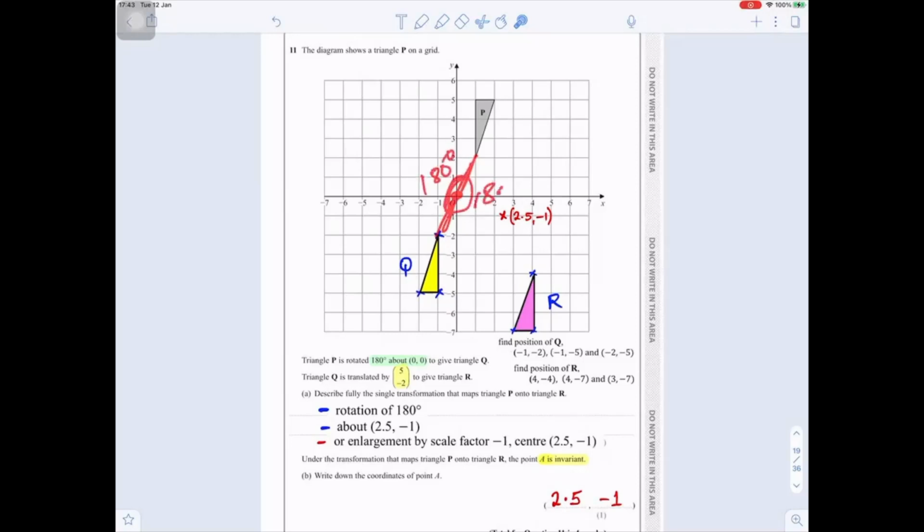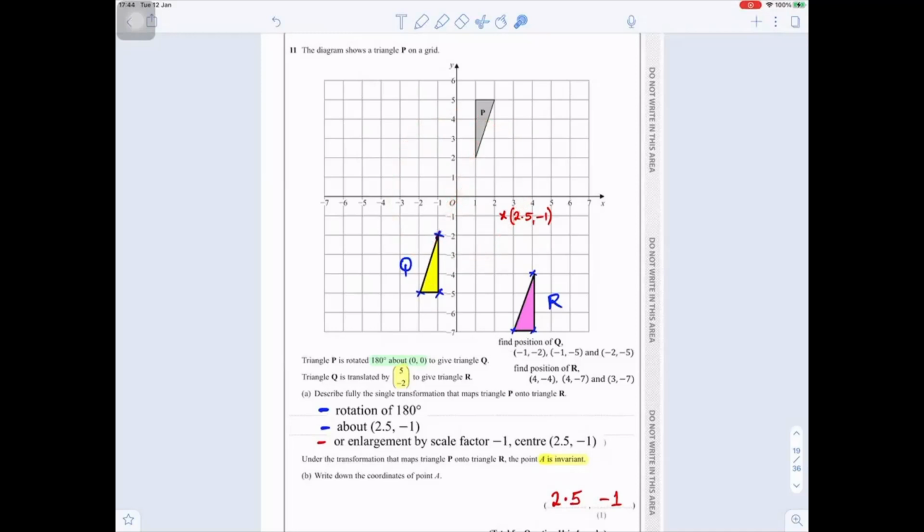You're going from P to Q, you rotate it, put the center there, you use a tracing paper, hold it in the middle there, rotate this 180 degrees, you get to this one. You can do it clockwise or anti-clockwise. It's 180 degrees, you will still get to that point.